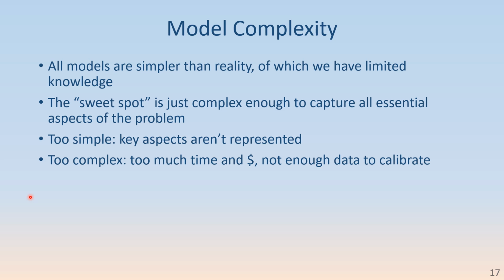And you don't want it to be too simple where you have to leave out really key things like three-dimensionality if it's really a three-dimensional flow problem. And you don't want to go too complex because when you go overboard in that direction, it takes a lot of time and money, and you don't have enough data to calibrate the thing, and you don't have enough time to experiment with different concepts.